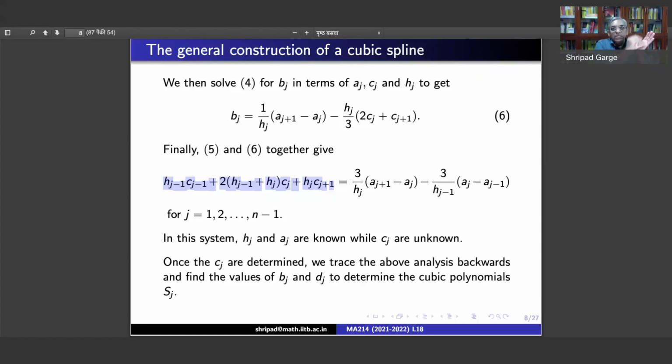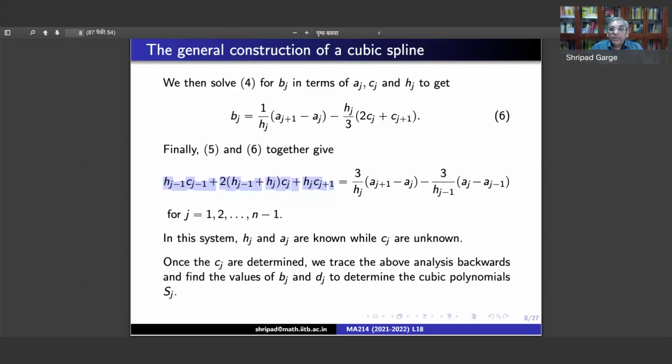So it will look like this: you have the diagonal term, you have the upper diagonal term, which will of course not exist for the last row, and you have the lower diagonal term immediately below the diagonal, which will not contribute to the first row. The below-the-diagonal term will start from the second row and go all the way up to the nth row. The entries above the diagonal will start from the first row, but go only up to the n minus 1th row.